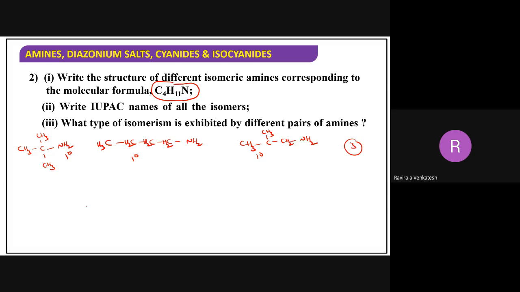Now let me take secondary amines. Secondary amine like this: CH3, NH, CH2, CH2, CH3. The molecular formula must be the same. This will be secondary. One more I can make like this: CH3, NH, CH, CH3, CH3.